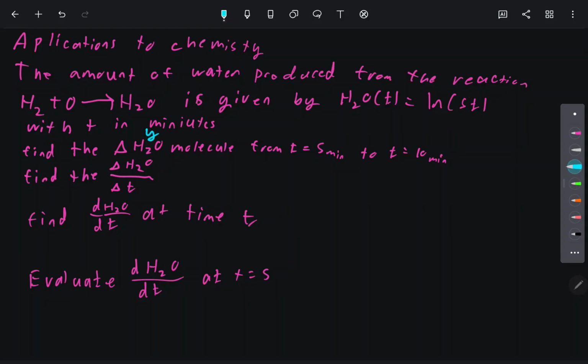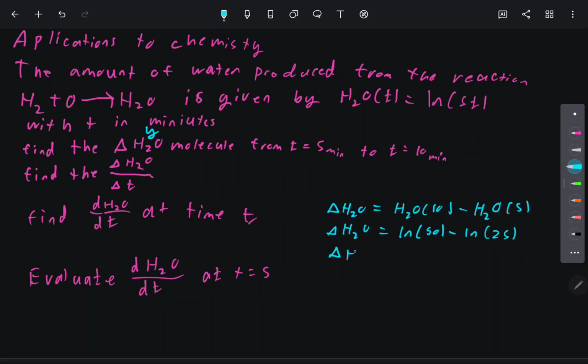Well, what we need to do is plug in time equal to 10 and time equal to 5 and find the change in that. So, change in H2O is going to be equal to H2O of 10 minus H2O of 5. We know that H2O of 10 is equal to the natural logarithm of 5 times 10, which is 50, minus the natural logarithm of 5 times 5, which is 25.